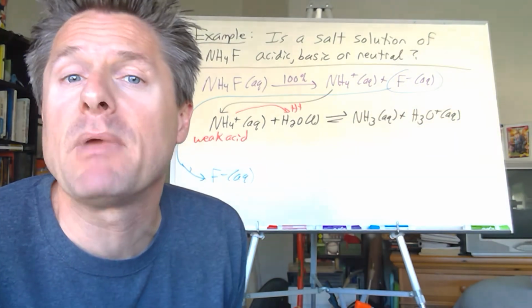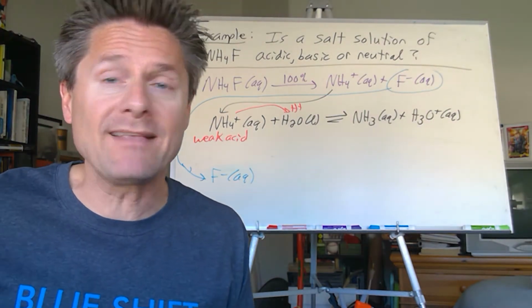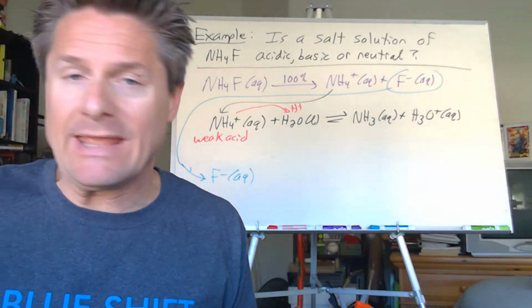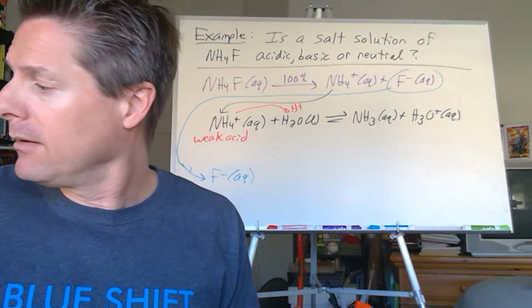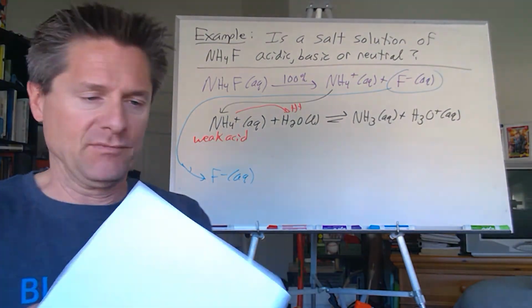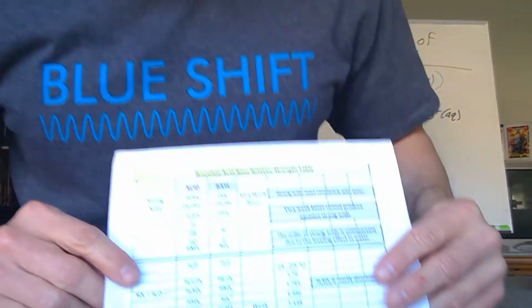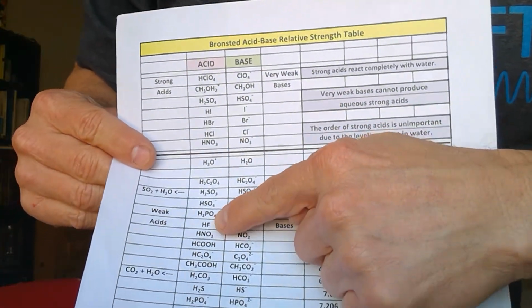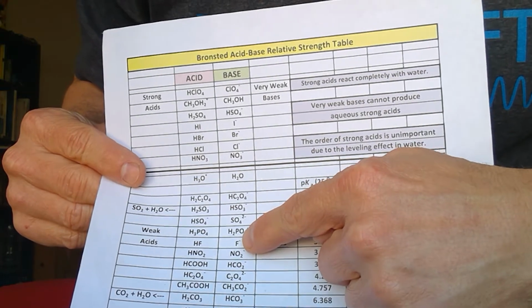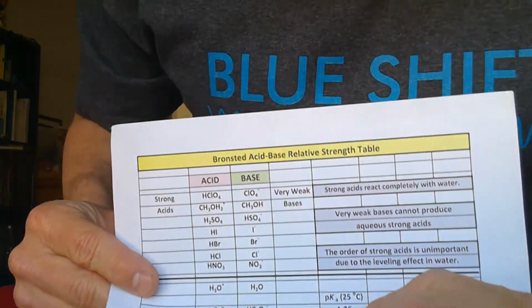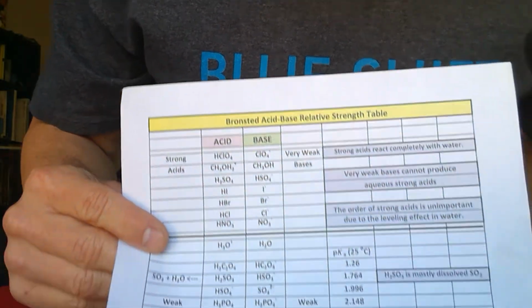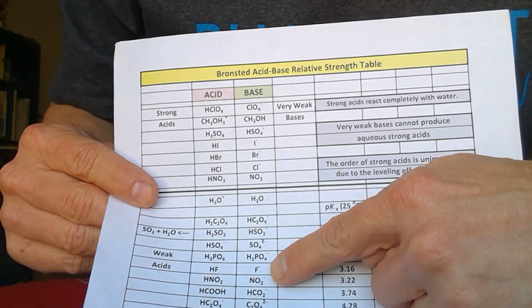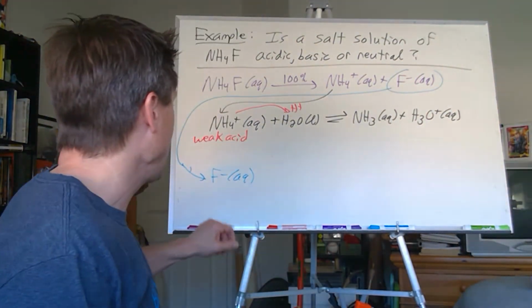That's the conjugate base of hydrofluoric acid, which is a weak acid. So conjugate bases of weak acids are basic. So let's take a look at our acid-base table. There's HF, so it produces its conjugate base, F-, which is below water. So that is a stronger base. The fluoride ion is below water, so the fluoride ion is strong enough to ionize in water.